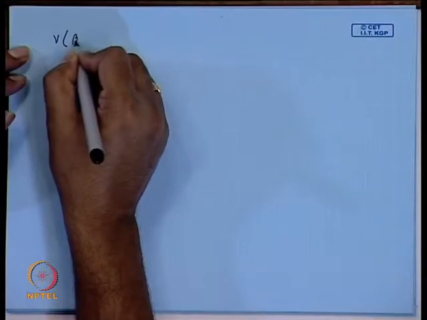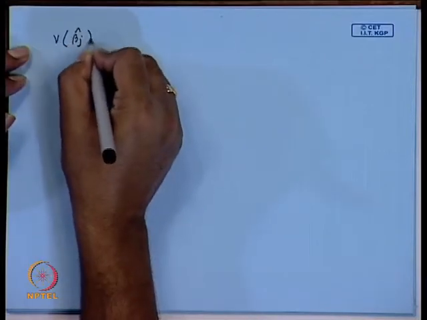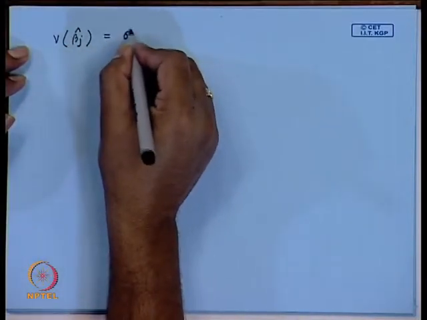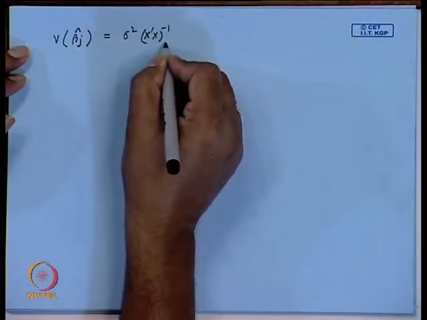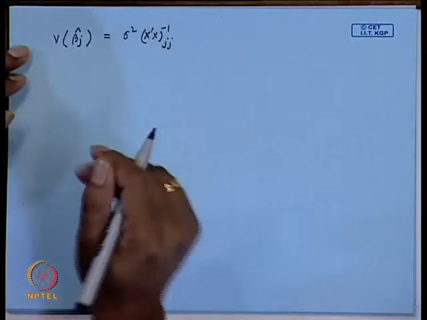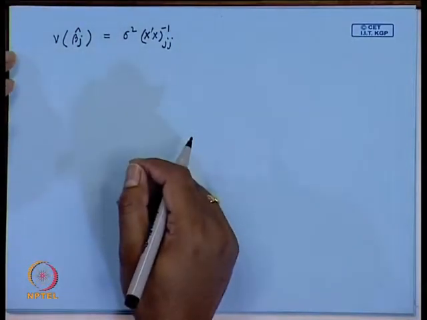So, next we need to find the variance of beta 1 hat and variance of beta 2 hat in terms of the sample correlation coefficient r12. Okay. We know that the variance of beta j hat in general is equal to sigma squared times the jth diagonal element of (X prime X) inverse, right.